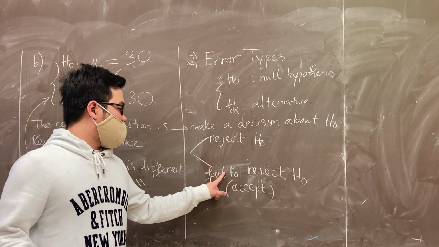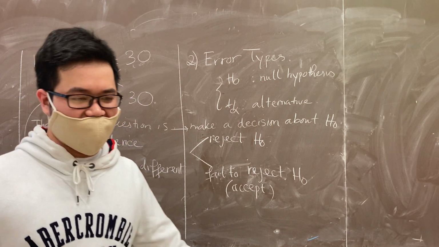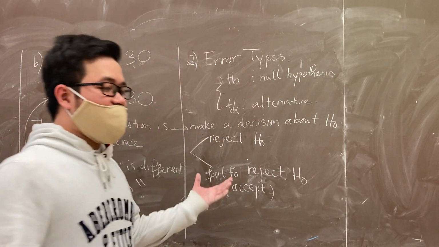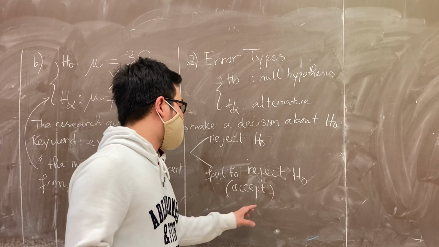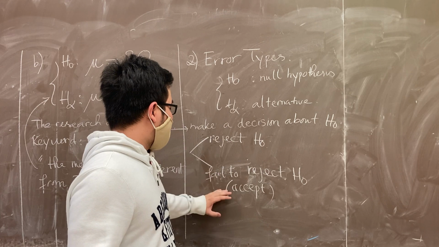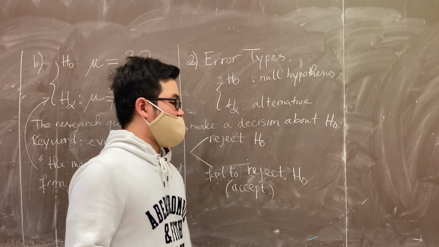They use the weaker statement, fail to reject. But you can think about it as accepting H0. In real life, fail to reject H0 doesn't mean that you accept H0, right? But you can think about it like this: reject H0 and fail to reject H0. Okay.